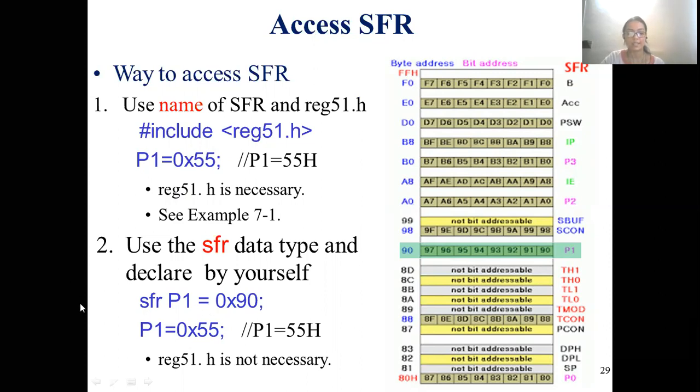So this is the second way of writing the same program for calling the SFR. Here it will access the range allotted from 80H to FFH, and it will allocate this much space. So this is how to access the SFR.